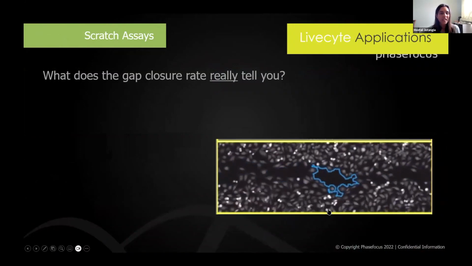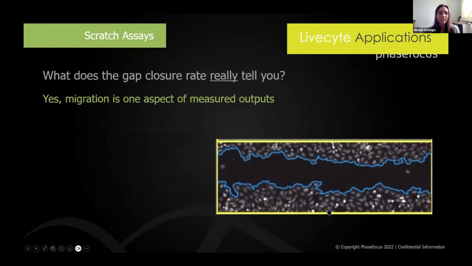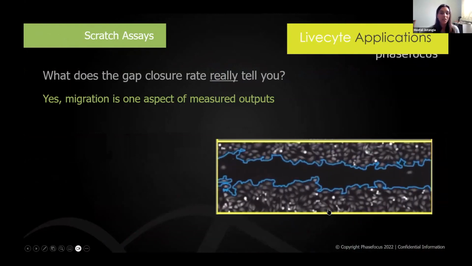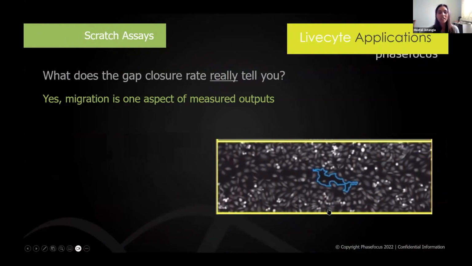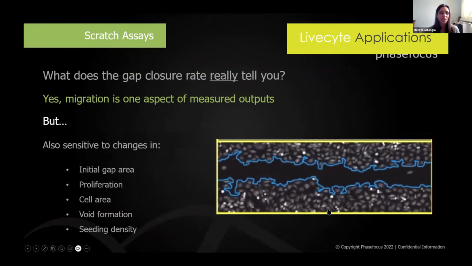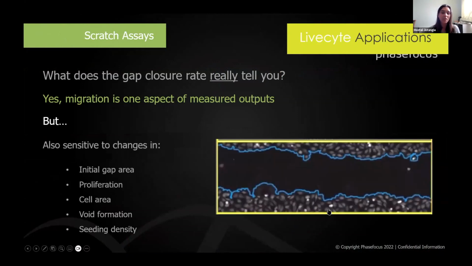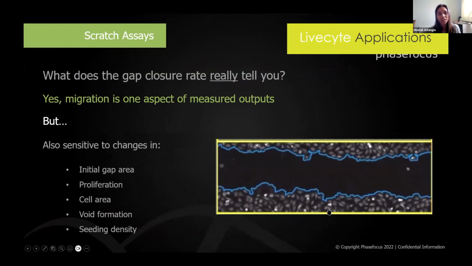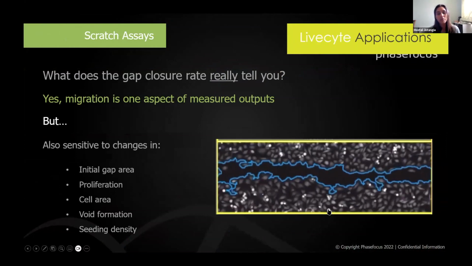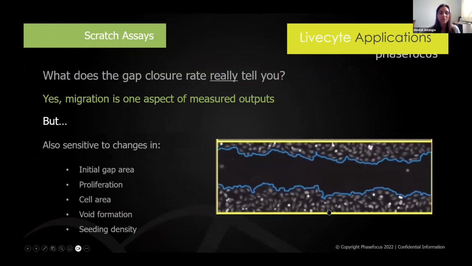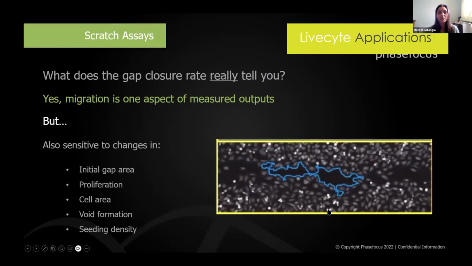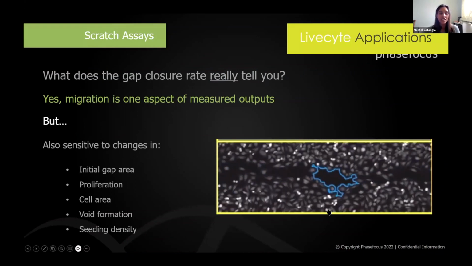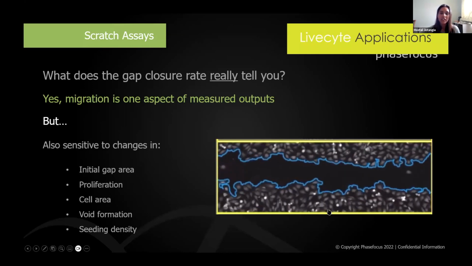But what does that gap closure rate really tell you? One of those things, yes, is migration. Yes, you can tell that cells are going into the wound a little bit faster or slower. But it's very much a proxy measurement, and it's sensitive to a lot of changes. One of those being your initial gap area. So especially if you're manually scratching your wells in a plate, you might find that you're going to have variability in your scratches, and this can affect your final results.